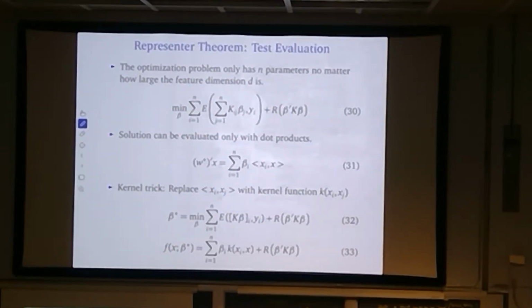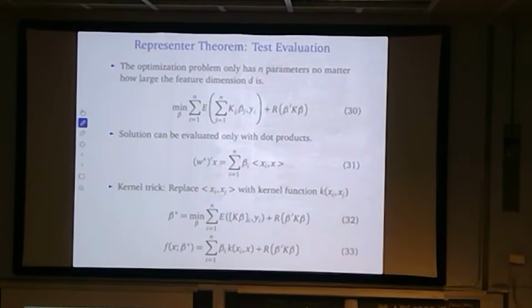Likewise, follow how we got to the dual for ridge regression, kernel ridge regression. This problem only has n parameters, beta 1 to beta n. It doesn't matter how large the feature dimension is. If I have 100 points, each with 1,000,000 dimensions, then it's a huge saving.